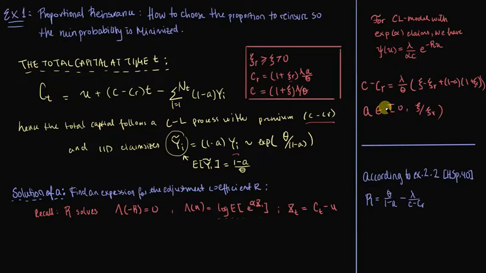So what we are going to do in this exercise is calculate r, and then try to figure out how to maximize r in order to minimize this ruin probability.